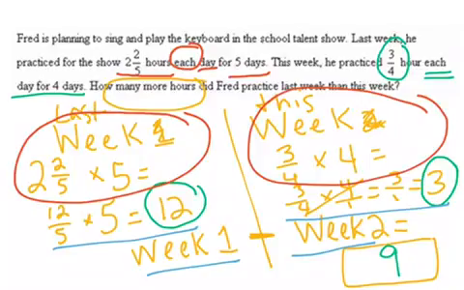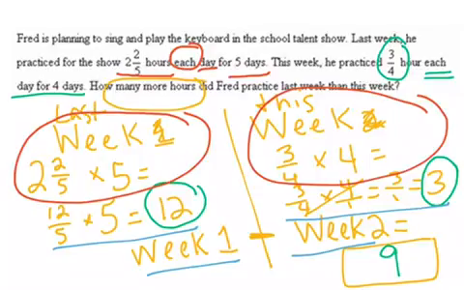Now I got to think about how reasonable that is. So let's just kind of estimate, if he did 2 hours a day for 5 days, that would be about 10. And 3/4 is near 1, and 1 times 4 is 4, so 10 and 4 subtracted is 6, so that's close. But what if I had gotten the answer that when I subtracted those 2, I got a negative number?